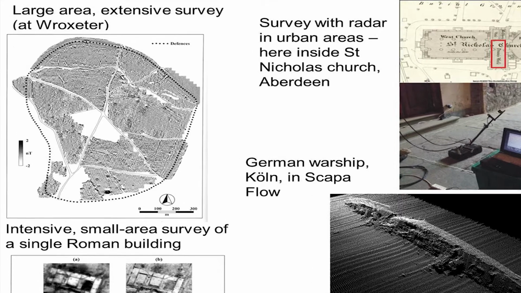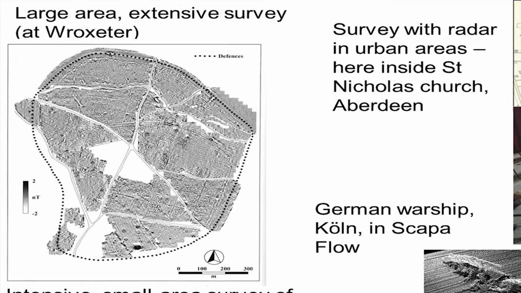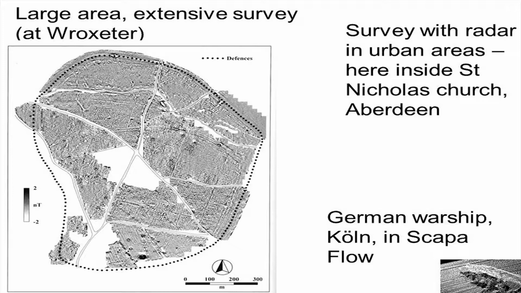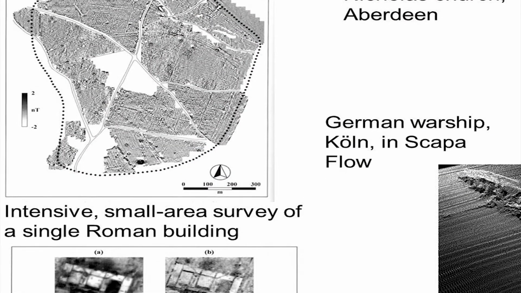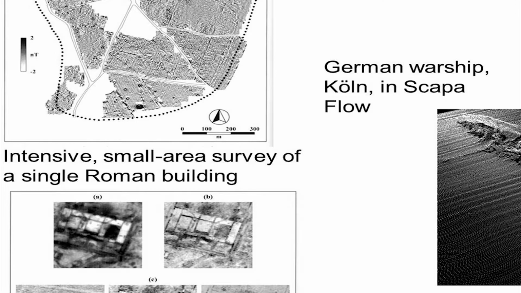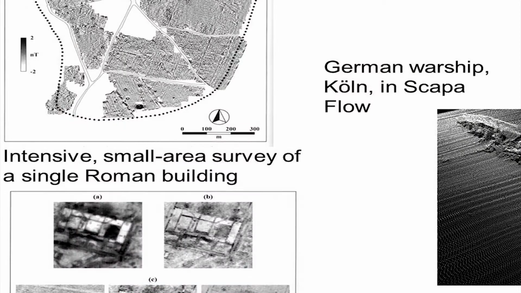So here I've just brought up a few images at random. Top left, an example of a large-area, extensive geophysical survey, mapping out using the magnetometer the complete interior of the Roman town of Wroxeter. By contrast, bottom left, a very small-scale but very detailed, intensive survey of a single Roman building, looking at the way it appears, buried probably a metre down.